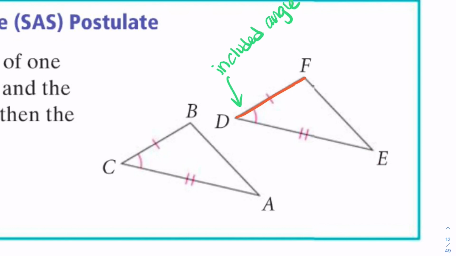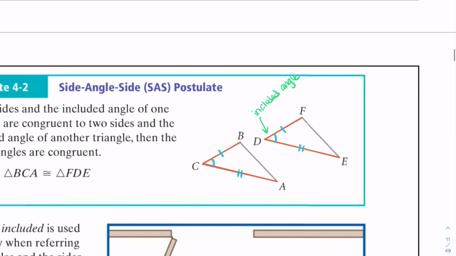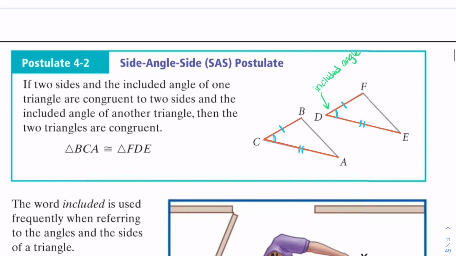So here's your side, here's your side, here's your included angle, and then here's your side, here's your other side, and here's your side and side with the angle stuck in between. If this is the order that both triangles have, then you can conclude by side, angle, side that these 2 triangles are congruent.